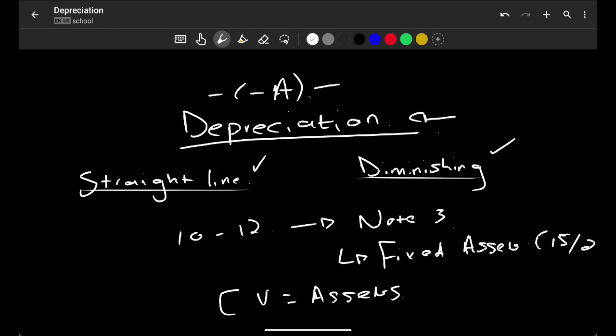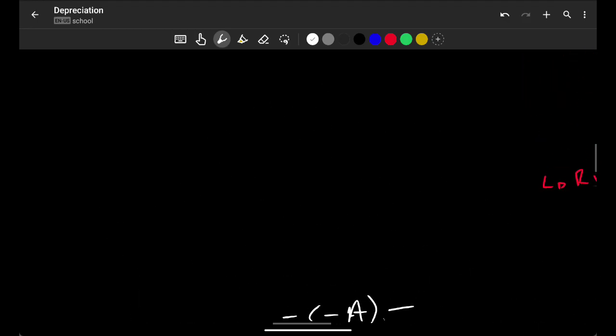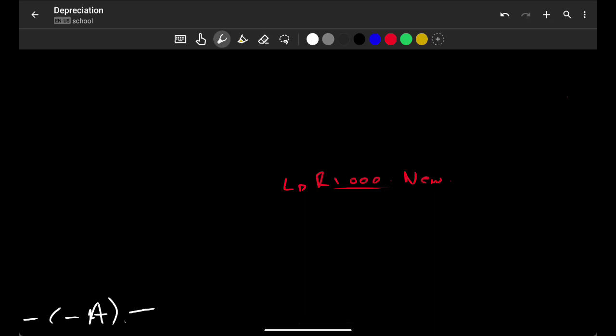Let's understand what depreciation is to know how it works, right? Depreciation is you decreasing your asset, right? You're lowering the value of your asset.